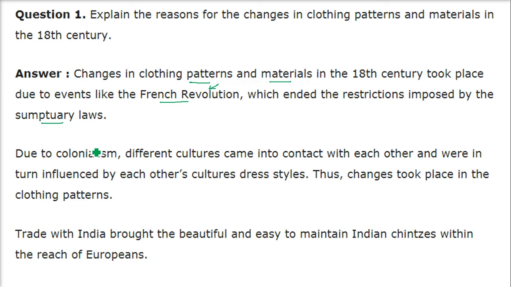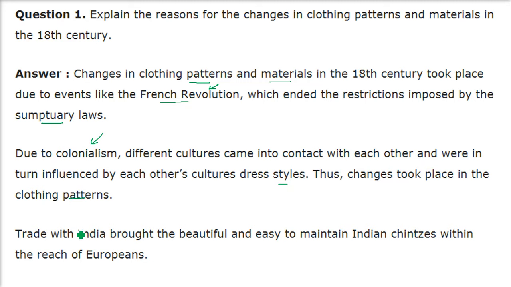And because of colonialism, different cultures, that is Western culture and the culture of the colony, came into contact with each other and were in turn influenced by each other's dress style. That is how the changes took place in the clothing patterns.